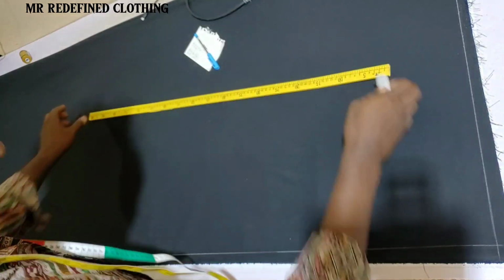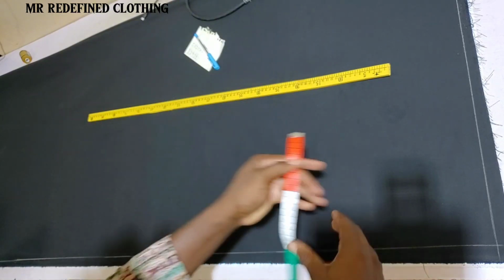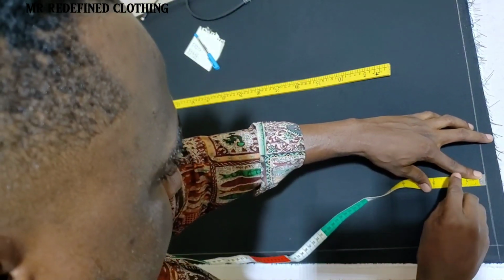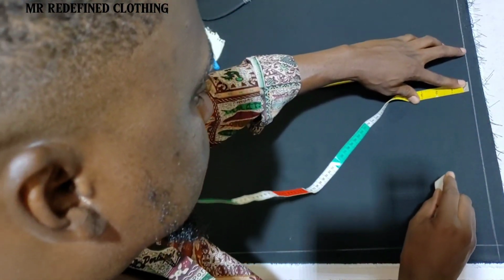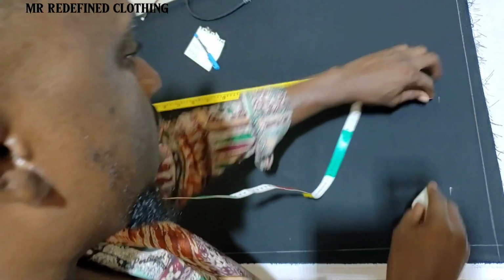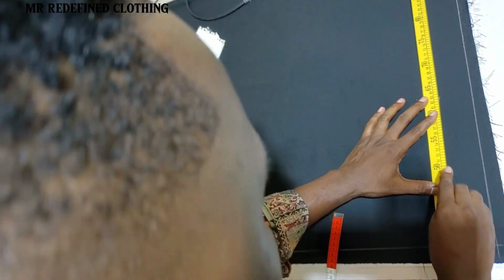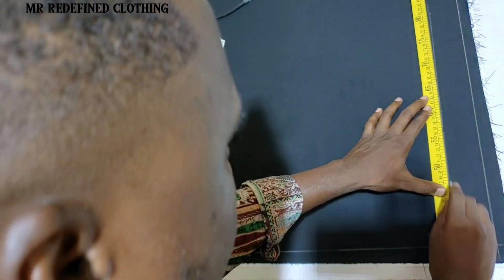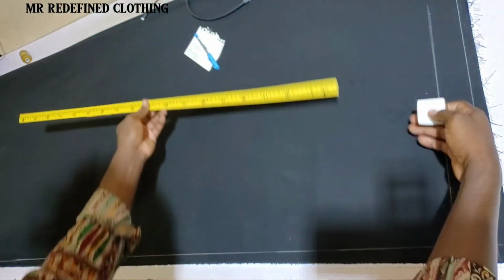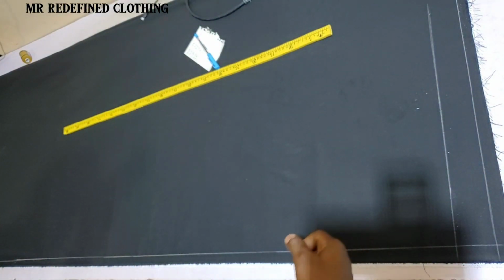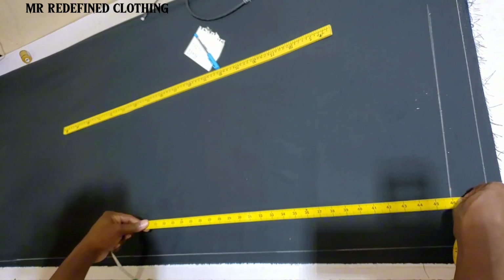So once you have marked out the sidelines, the next thing to do is to mark 2 inches here. These 2 inches will serve you for the folding or hemming of this trouser. Connect the line in this form. Now after this, the next thing to do is to apply the length of 48.